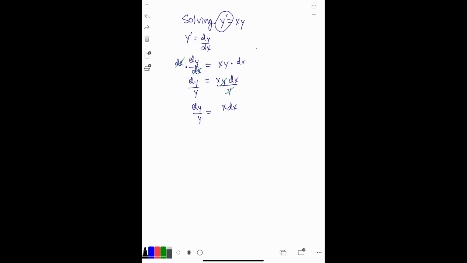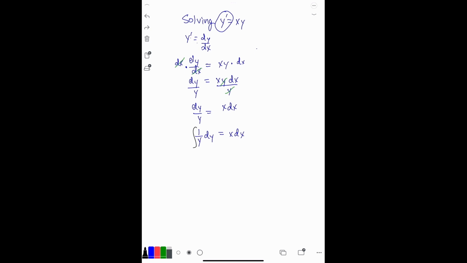Now, if you remember calculus, this dy over y right here should look pretty familiar, right? So we're going to rewrite our dy over y as 1 over y dy is equal to x dx. Okay, and now what we can do, remember, is take the integral on both sides.